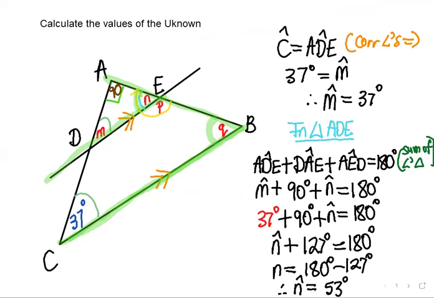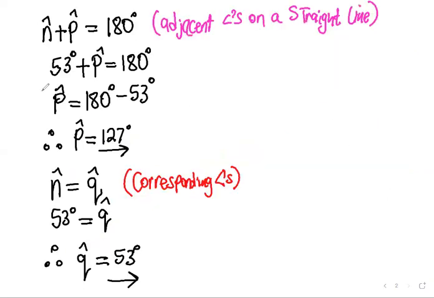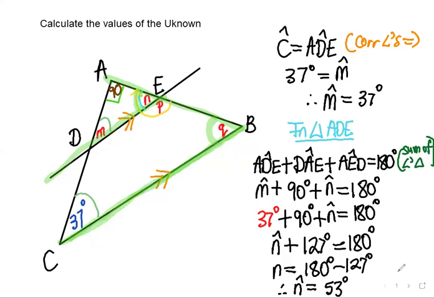Now, another concept in which you can find the size of angle Q is by saying, in triangle ABC, we know that the sum of angles in a triangle is 180 degrees, right?